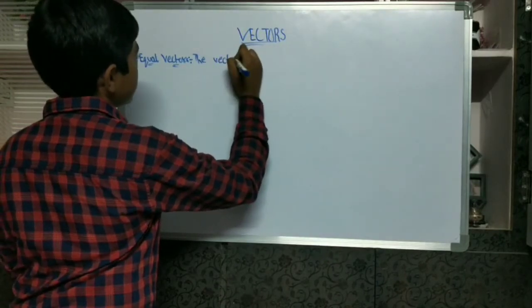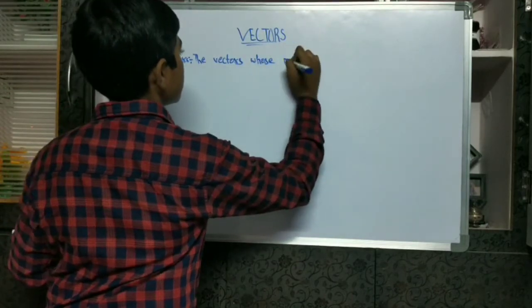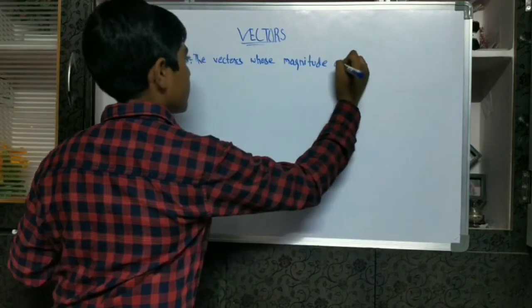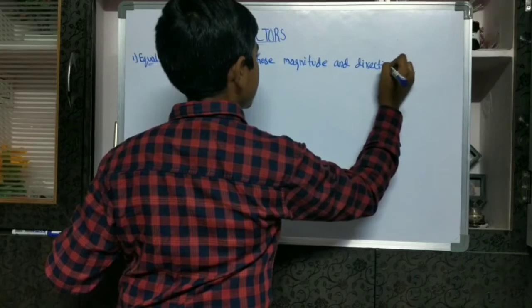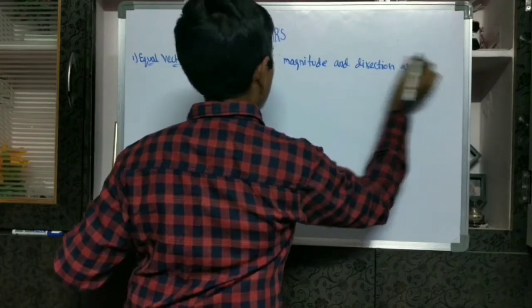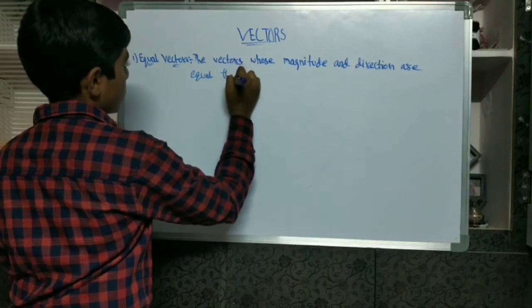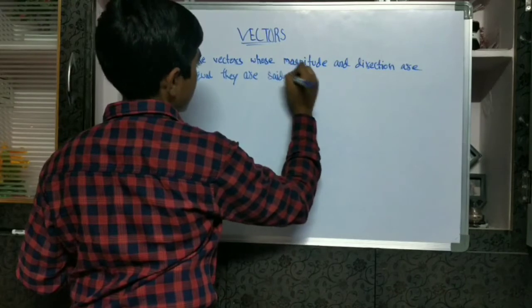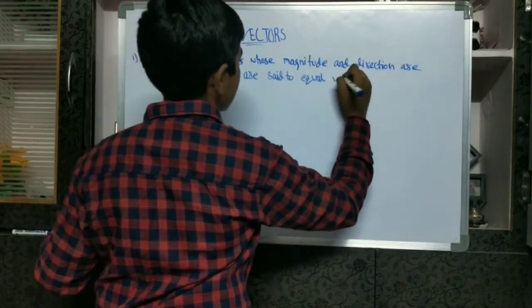The vectors whose magnitude and direction are equal are said to be equal vectors.